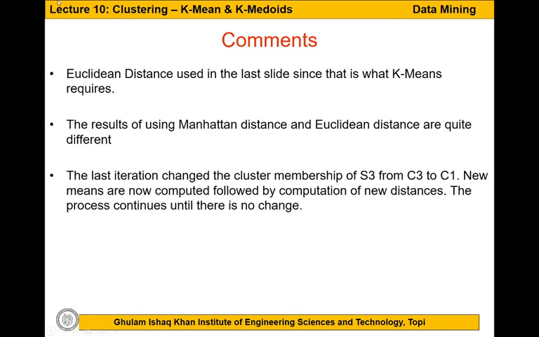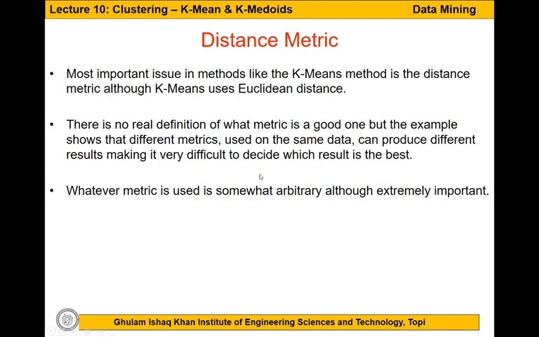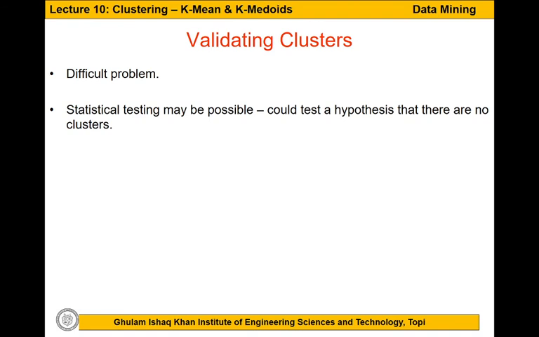Now Euclidean distance is the default setting of k-means, but of course you can change it, and there is no real definition of what is a good metric for computing distances, but one can try a number of metrics, right?